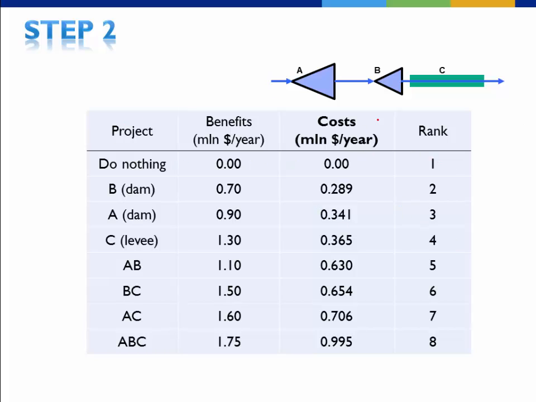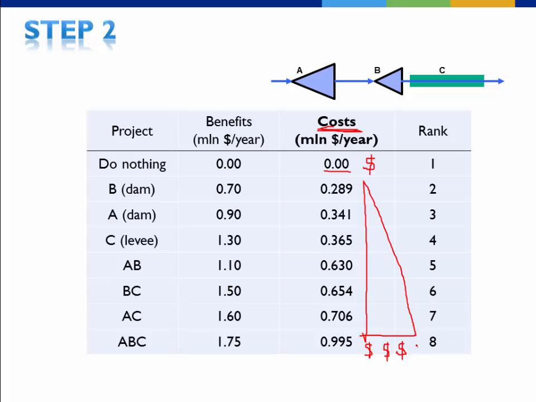Once you have all of these things, take a look at the cost. Look at this carefully and organize all your alternatives from the cheapest all the way down to the most expensive. Could you see that in this case the cost is increasing?